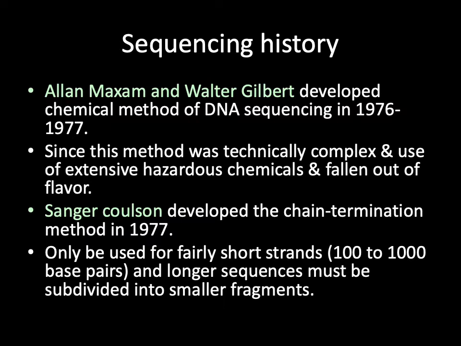Back then they would use radioactivity to label the nucleotides. Sanger and Coulson then developed the chain termination method in 1977. This was only to be used for fairly short strands of DNA, anything between 100 and 1,000 base pairs, and so longer sequences had to be subdivided into small fragments.